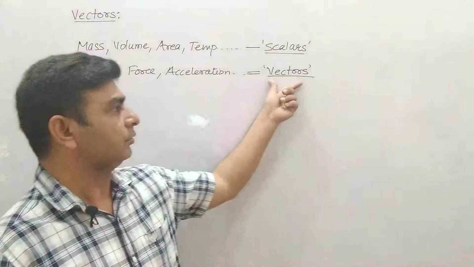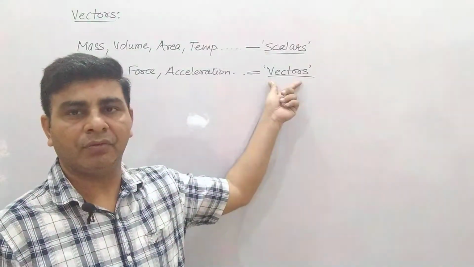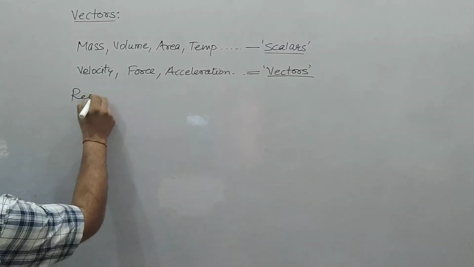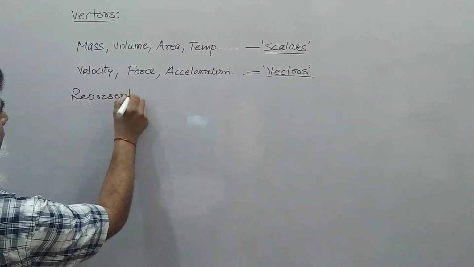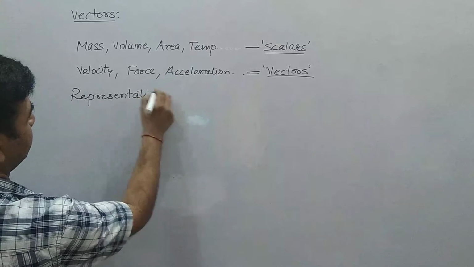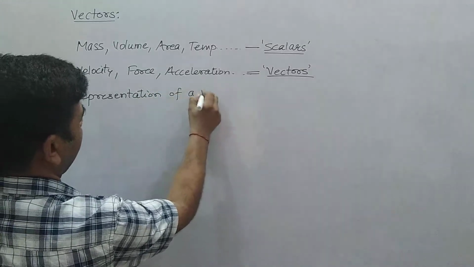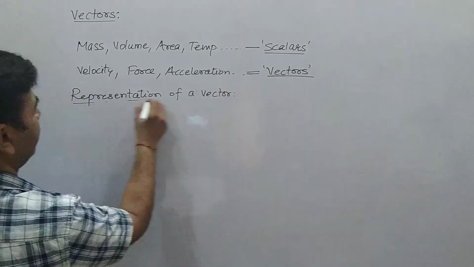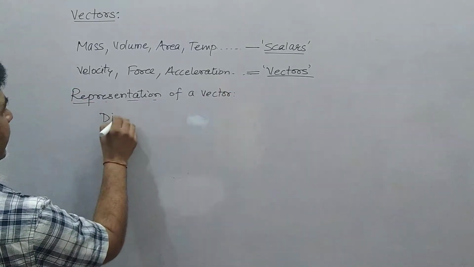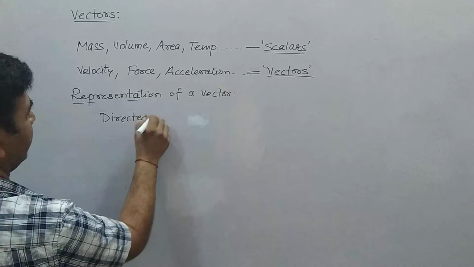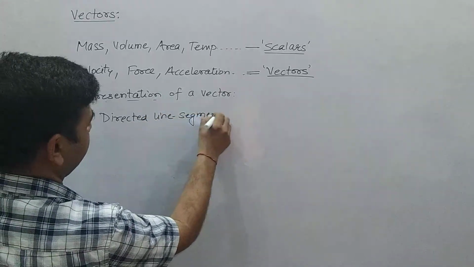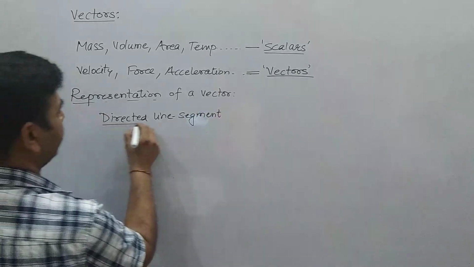So now let's start our topic with the representation of vectors. How can we represent a vector? A vector is always represented by a directed line segment.